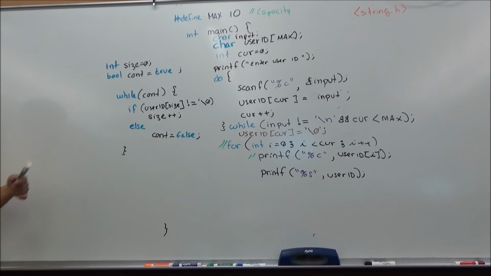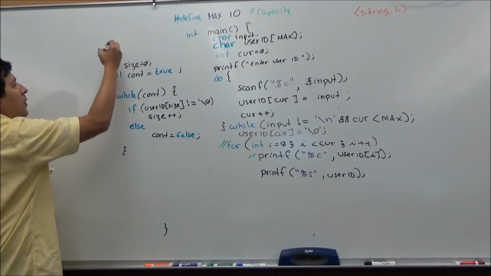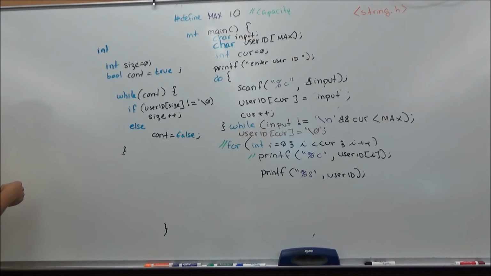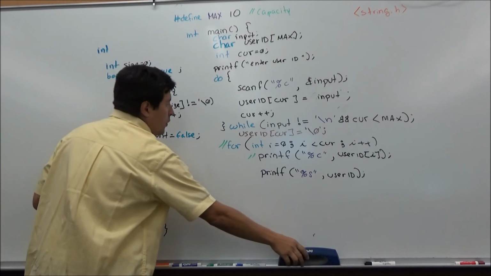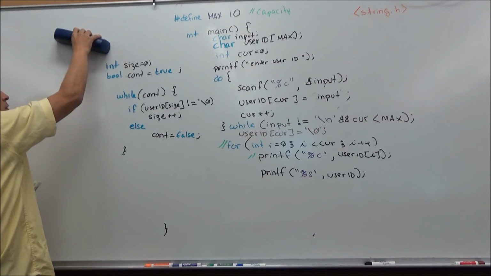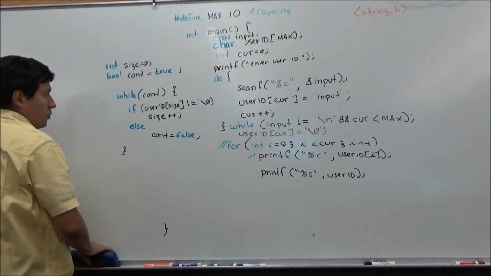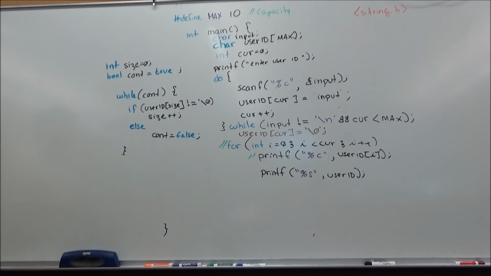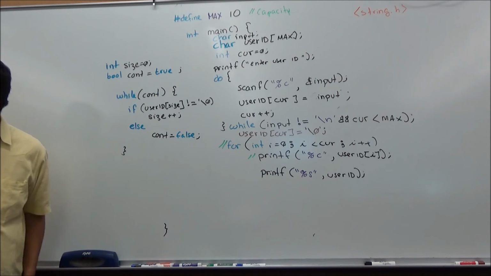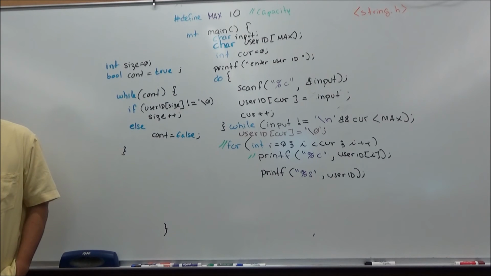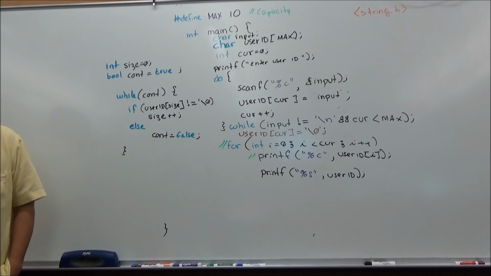If this were a function, I could make maybe, I'll return the size. So, after the while statement, which one?